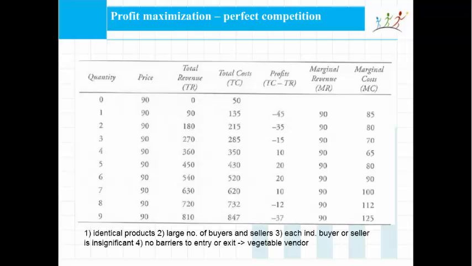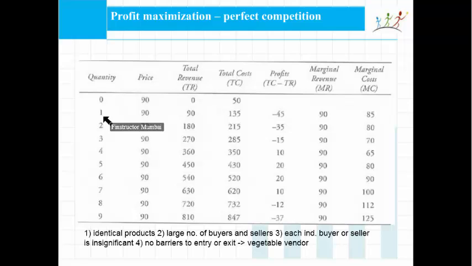So for the perfect competition that we are discussing, if we sell no units, then we will get no revenue, but will we still have to spend the fixed costs? So the total fixed costs are $50.